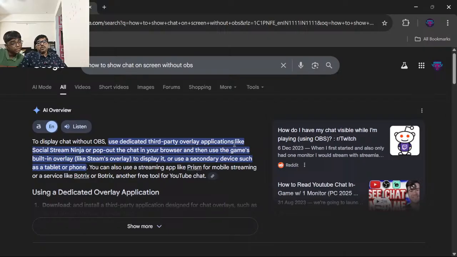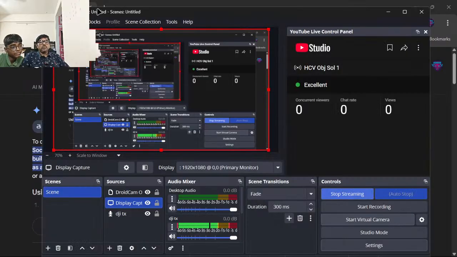Use a dedicated third-party overlay like Social Stream Ninja or pop out the chat in your browser, and then use the game's built-in overlay or a secondary device such as a phone or tablet. Which means a secondary device we have to use, that's all.